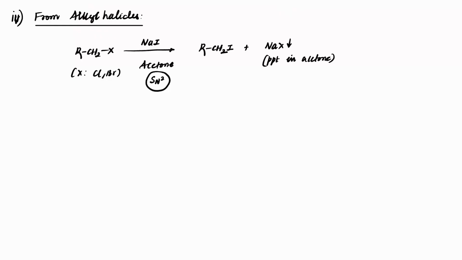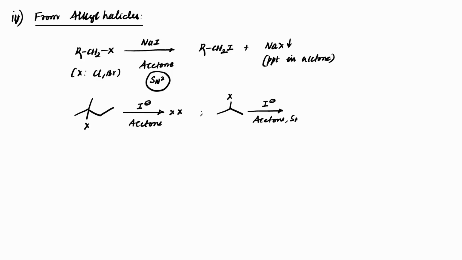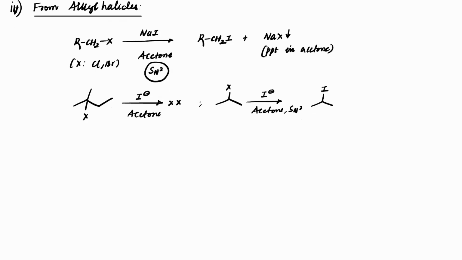So if you are expecting any reaction like this with a halogen here, with I minus in the presence of acetone, then you will not find much reaction happening, correct? While if you have X and I minus in acetone, at a secondary position, it can still offer SN2 and you will see the product formation.